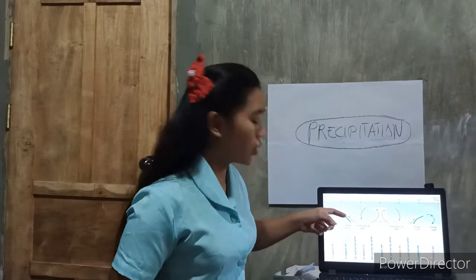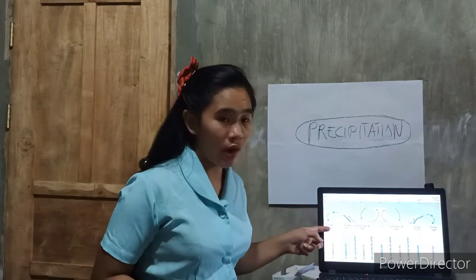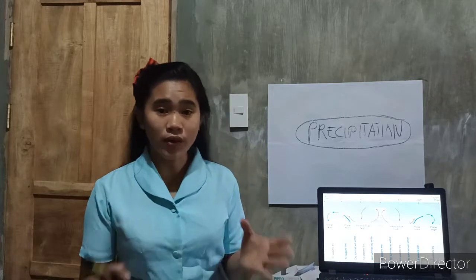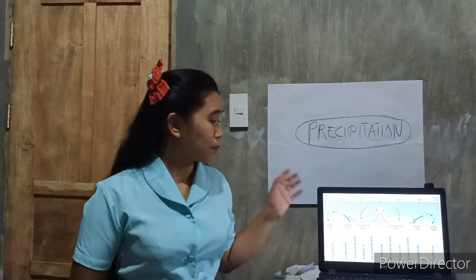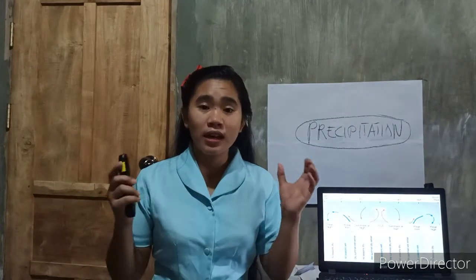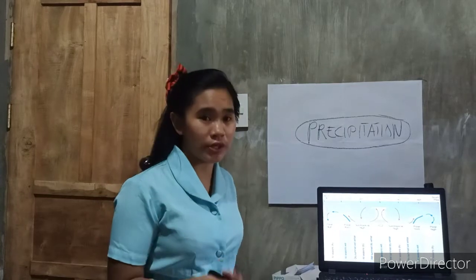Then air sinks in the polar high, resulting of course in dry seasons. Okay, did everybody get it? That is how the general circulation affects the distribution of precipitation. It is great that you understood it.